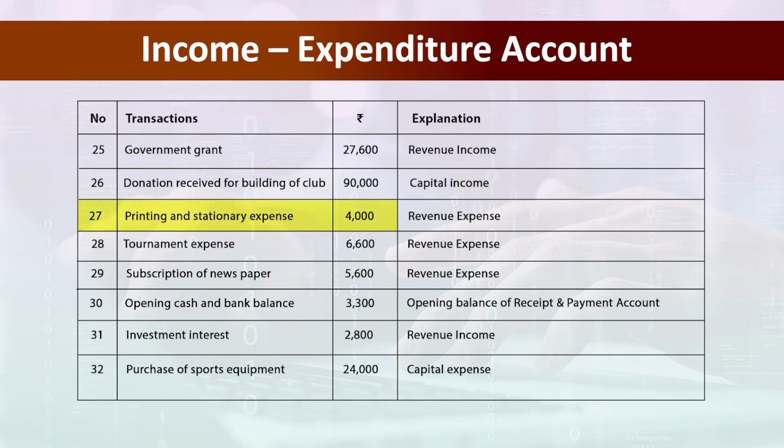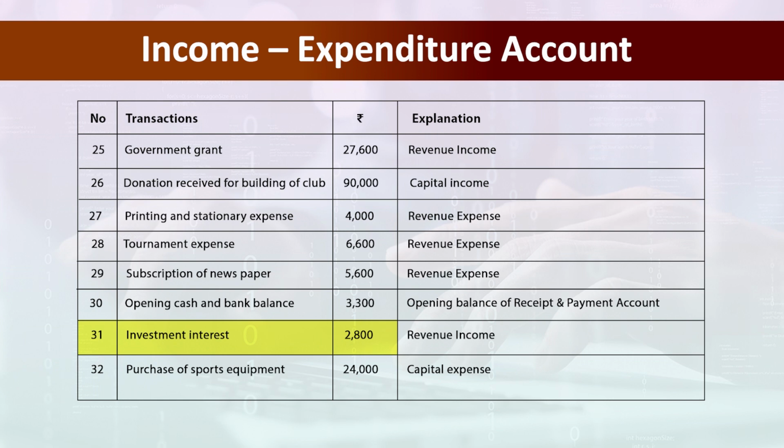Printing and stationery expense of rupees 4,000 is a revenue expense. Tournament expense amounting to rupees 6,600 is a revenue expense. Subscription of newspaper amounting to rupees 5,600 is a revenue expense. Opening cash and bank balance of rupees 3,300 is considered as the opening balance of receipt and payment account.